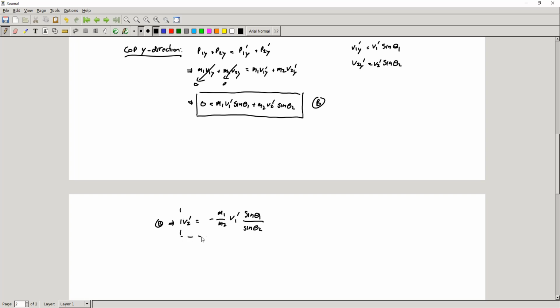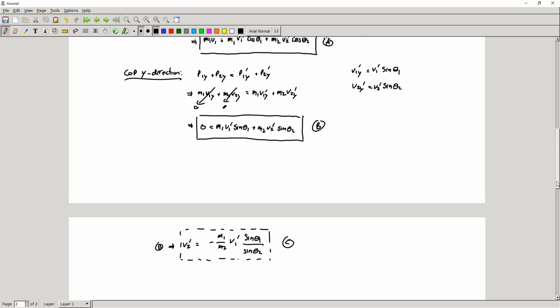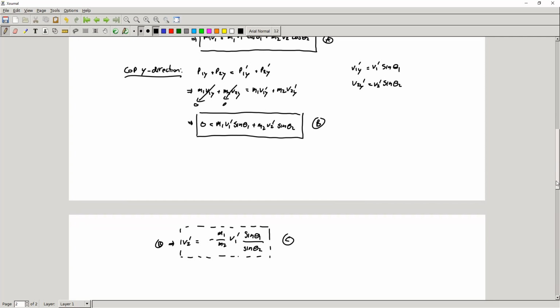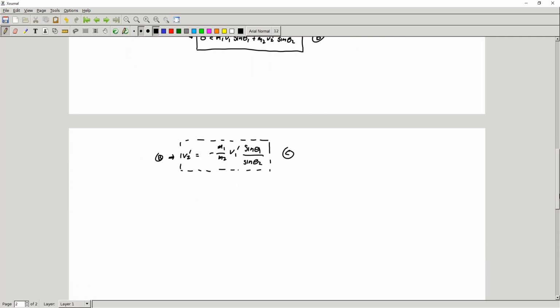So I'm just going to call this equation C. And now what we want to do is substitute equation C back into equation A and solve for whatever value we want here. So I'm going to start off by solving for theta 2 here, since we're eliminating v2 prime, right? So let's start with that.